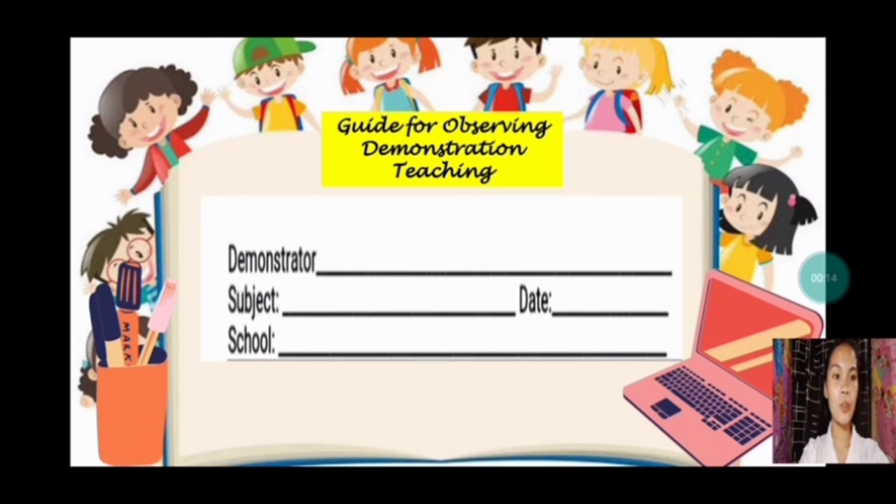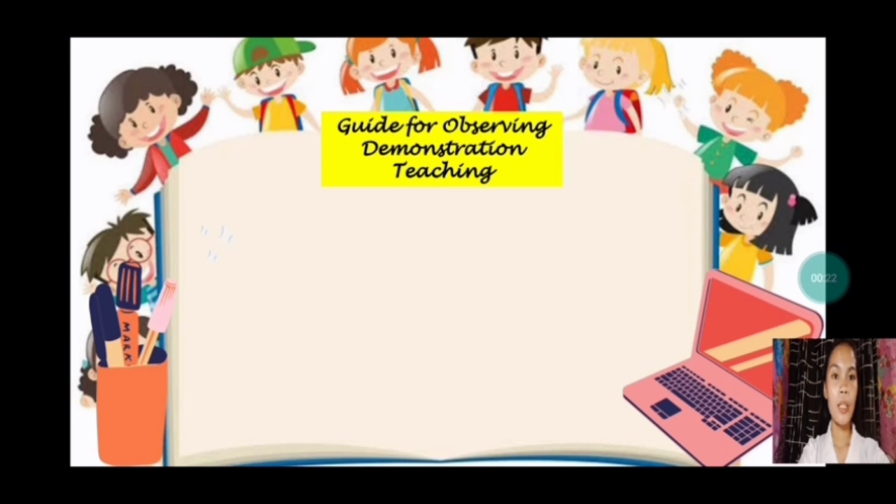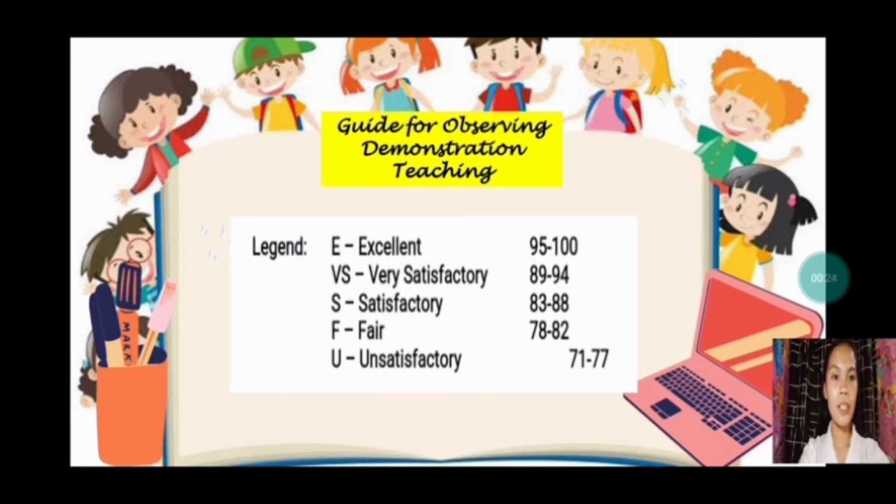So first, you need to indicate your name or the demonstrator's name, the subject, the date, and the school. Then here is the rating or the legend. E for excellent, which is graded as 95 to 100%.